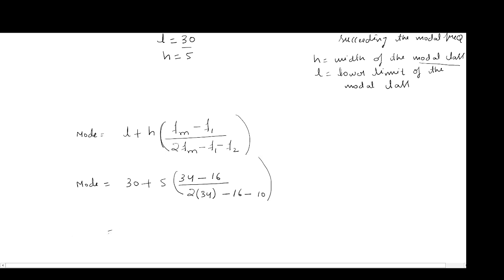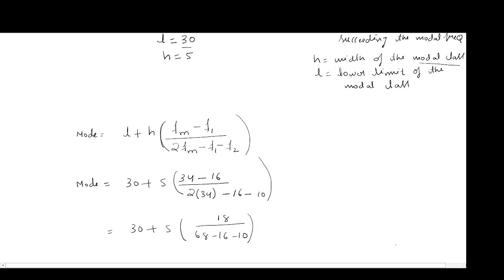Now keep this 30 as it is plus 5 as it is. First let us solve the bracket terms, then we will calculate the final value. So that is 34 minus 16. 34 minus 16 is 18 divided by 2 times 34. 2 into 34 is 68 minus 16 minus 10.